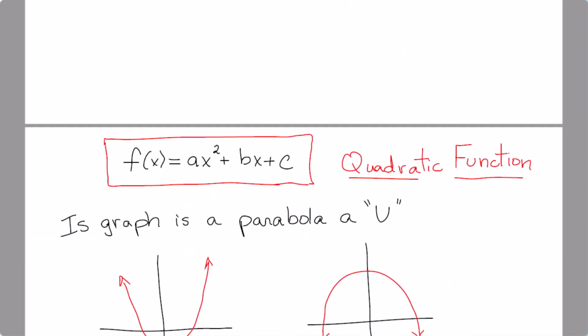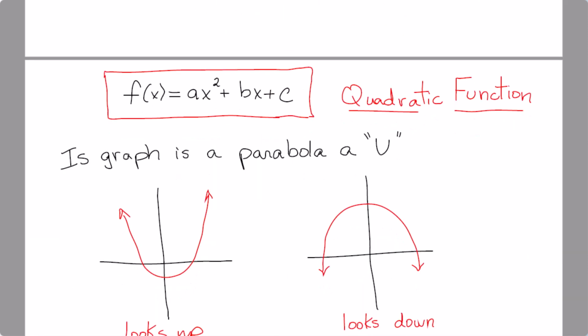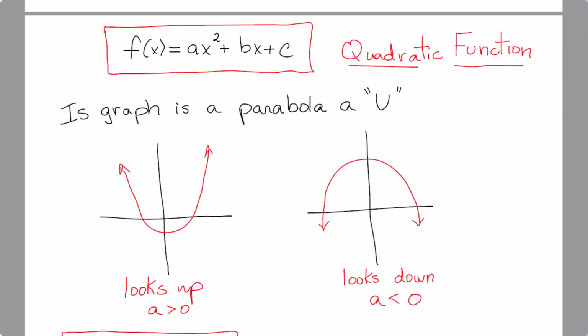All right, now let's go into the future for just a moment. If we have my quadratic part, but I have f of x in the front, we get something called a quadratic function. And if I graph this quadratic function, it's a U-shaped item that looks up or it looks down.